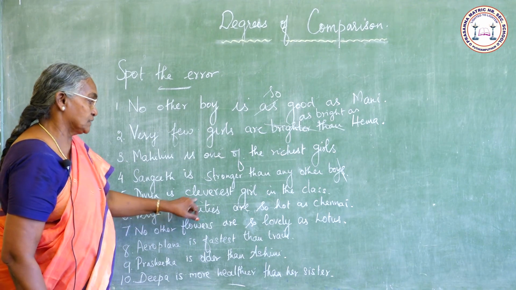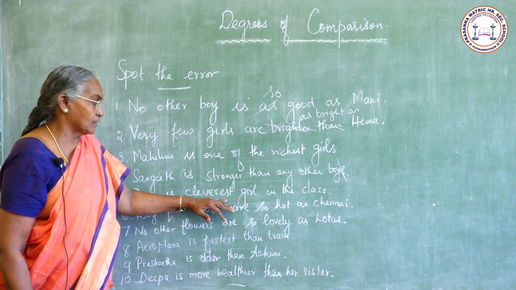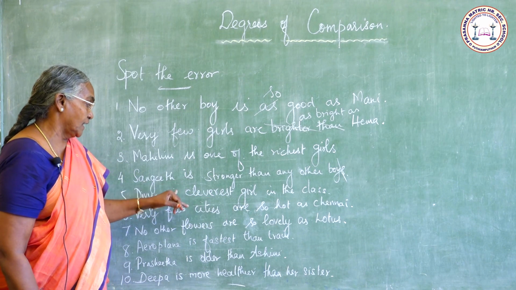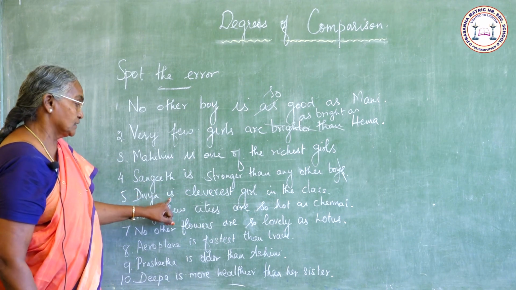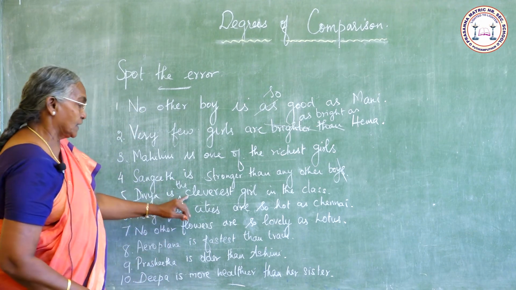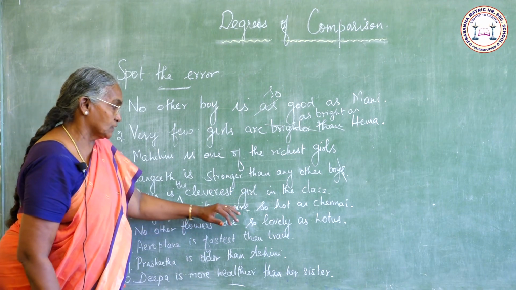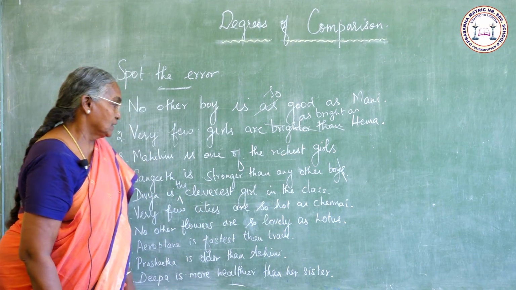Divya is cleverest girl in the class. Whenever a superlative comes, we should add "the" before that. Divya is the cleverest girl in the class. Very few cities are so hot as Chennai.